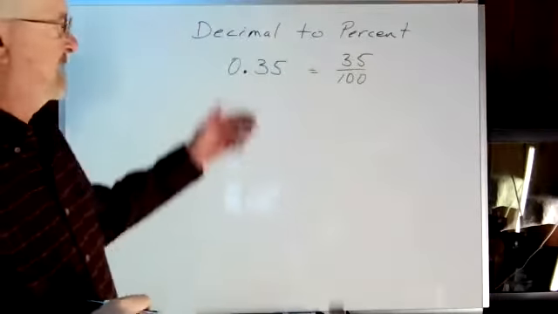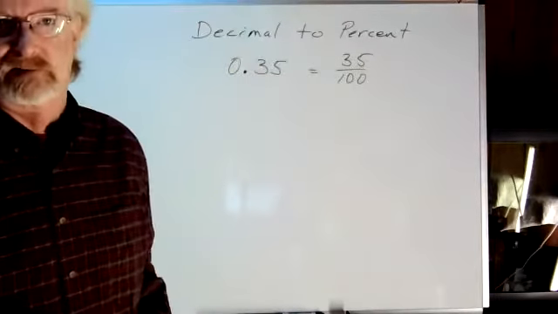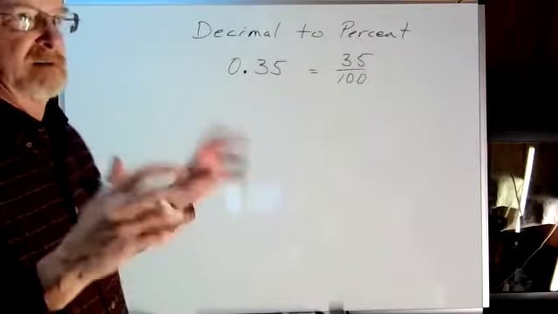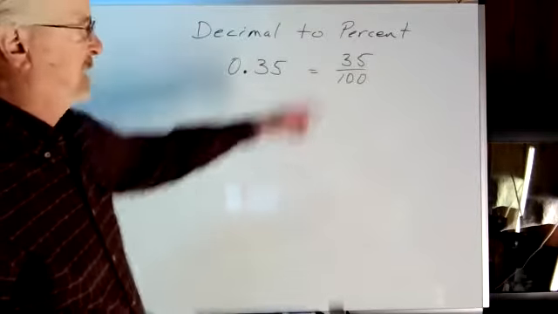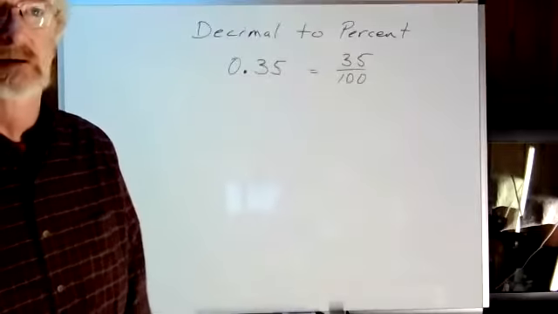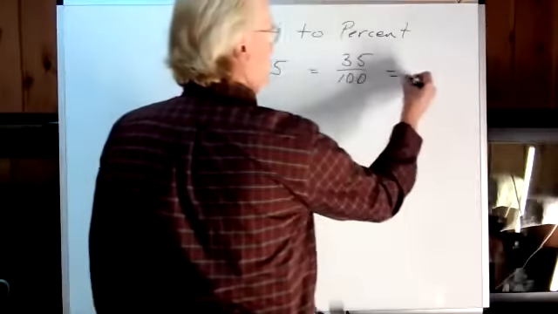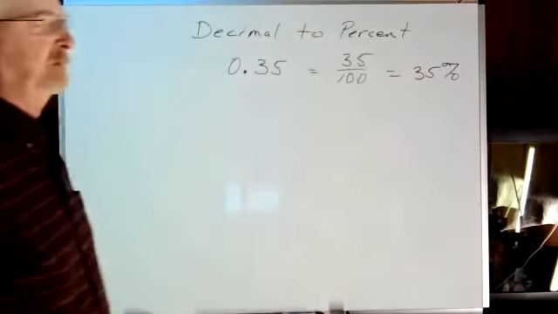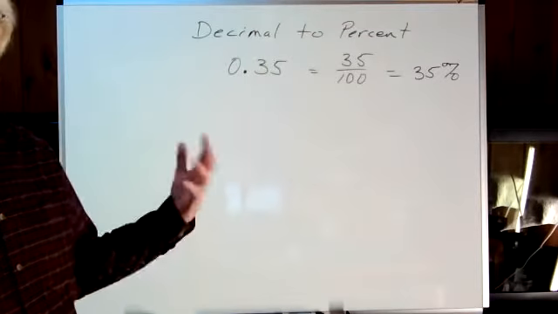Tenths, hundredths. So 0.35 is 35 hundredths, 35 cents, right? Well, as parts of 100, the percent value really is just the numerator value there. So that's equivalent to 35 parts of 100, or 35%.